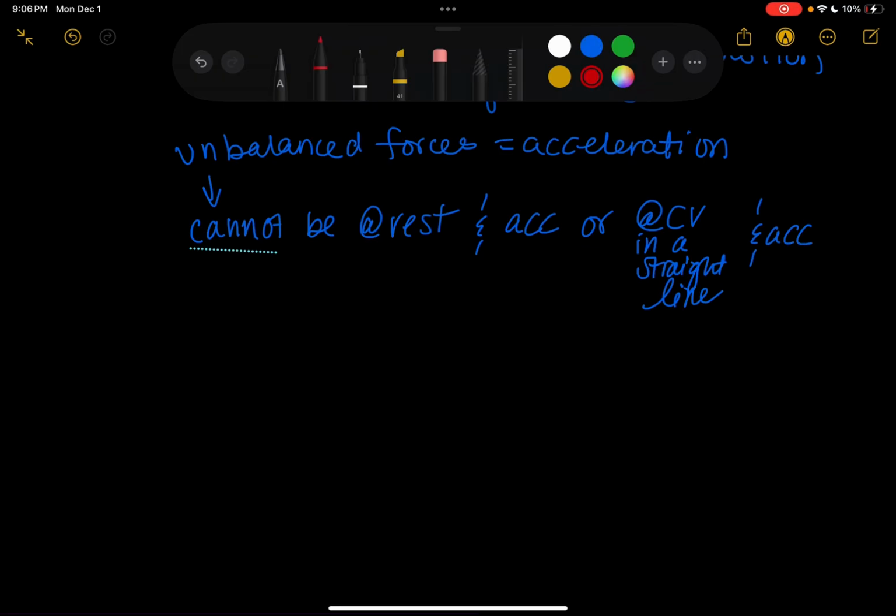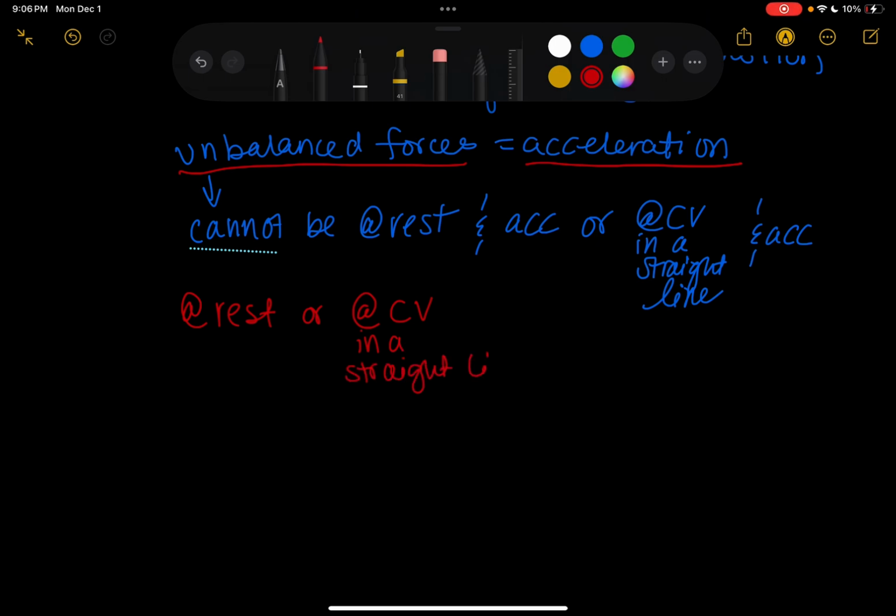So because of that, and because we know unbalanced forces happen only when objects accelerate, that means if you're at rest or at constant velocity, again, in a straight line, that's a very important detail, then no, you do not experience unbalanced forces.